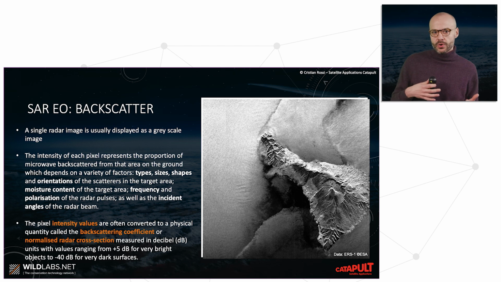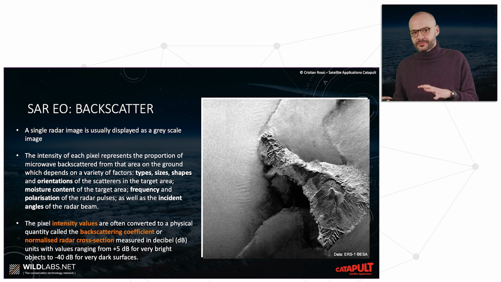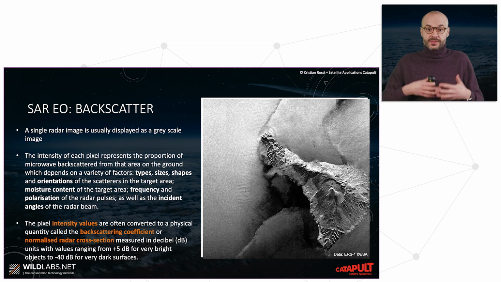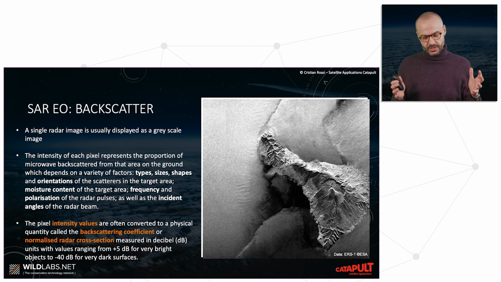It depends much more on the geometry than on the physical properties of the ground, as we have seen with optical data. So it depends on the type, on the shape, on the orientation, and so on. There is also a big dependency on the moisture content of the target area, as well as system considerations such as the incidence angle at which the wave is transmitted.